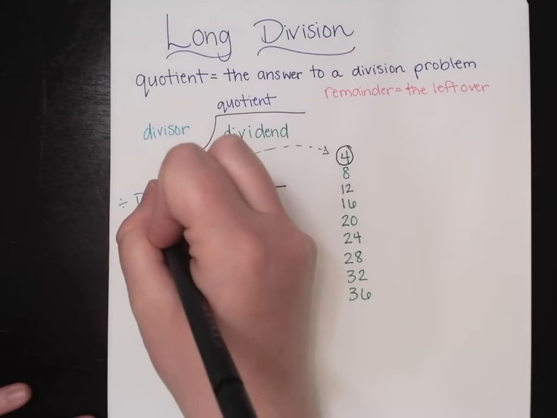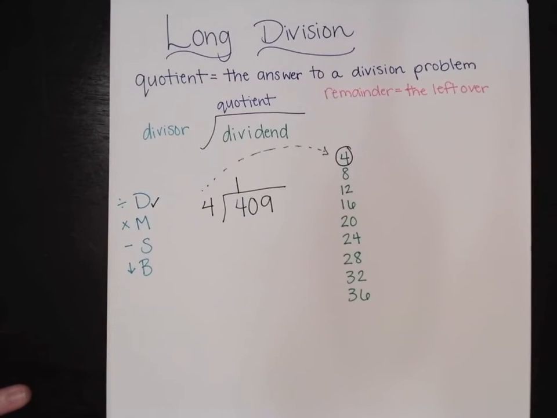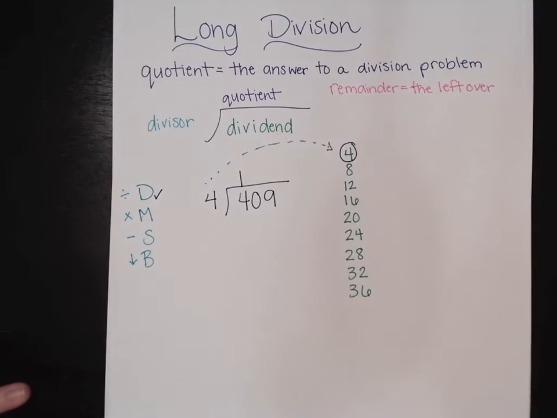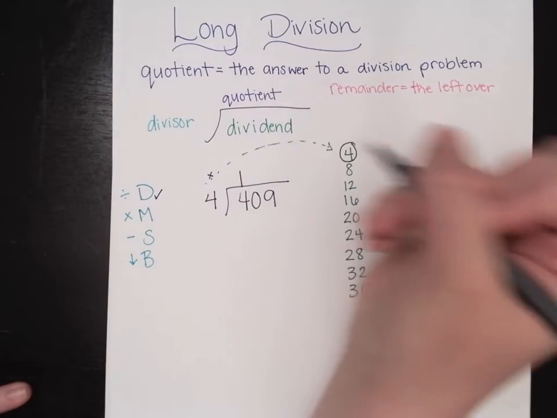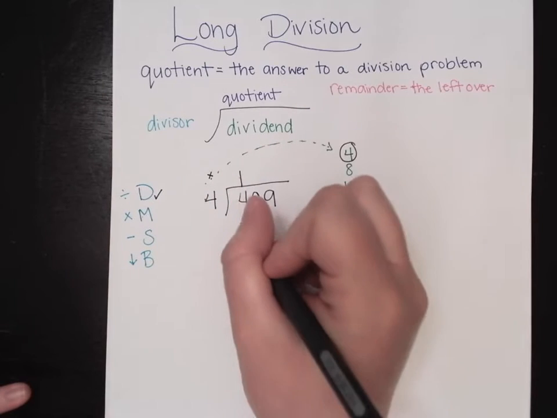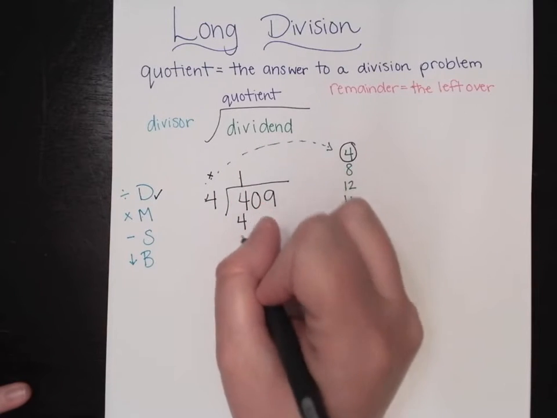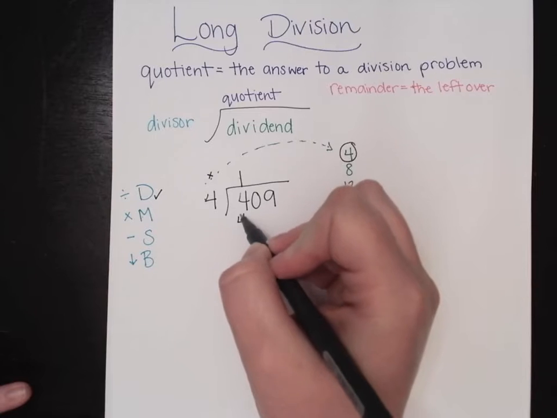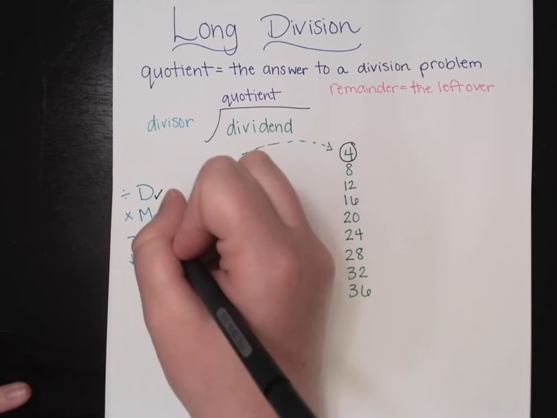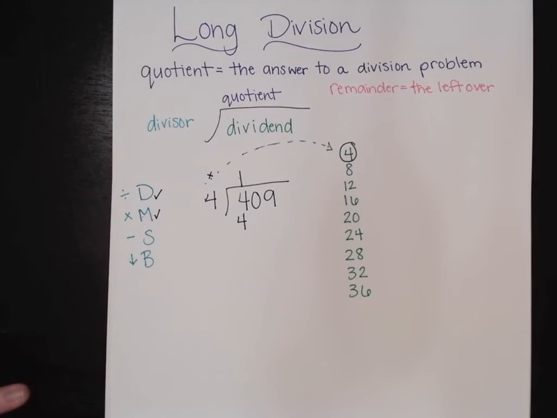Then I'm going to check, because that's my first step. I've divided. Now my second step is multiply. Remember, you always multiply across the outside. So 4 times 1 is 4. Since we've only used this one digit, this is where my 4 goes. So I'm going to check my multiplying step because I've done that. Now you're on subtraction.